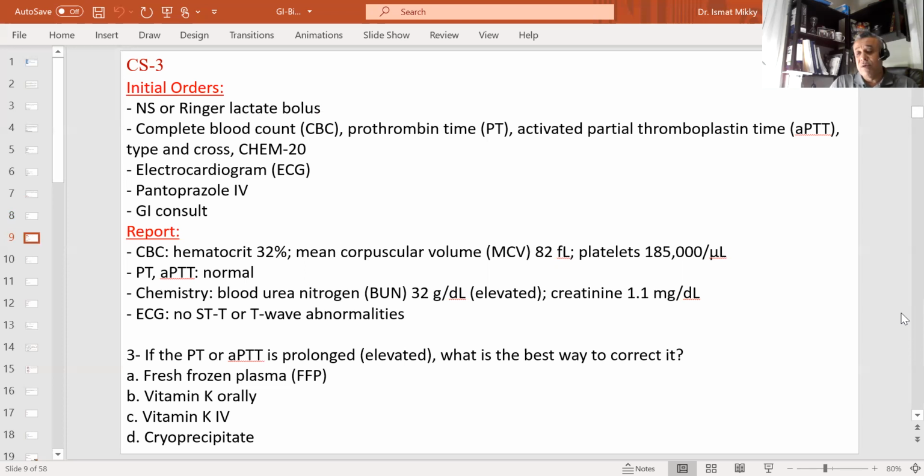Cryoprecipitate, which is the condensation of clotting factors from pooled multiple donors.